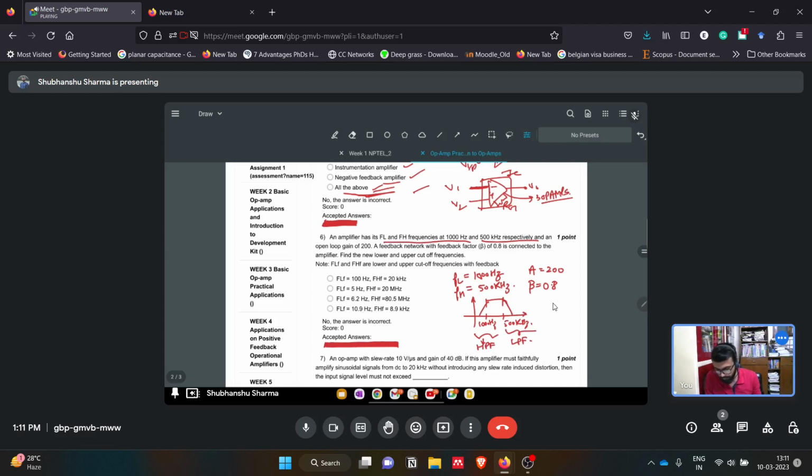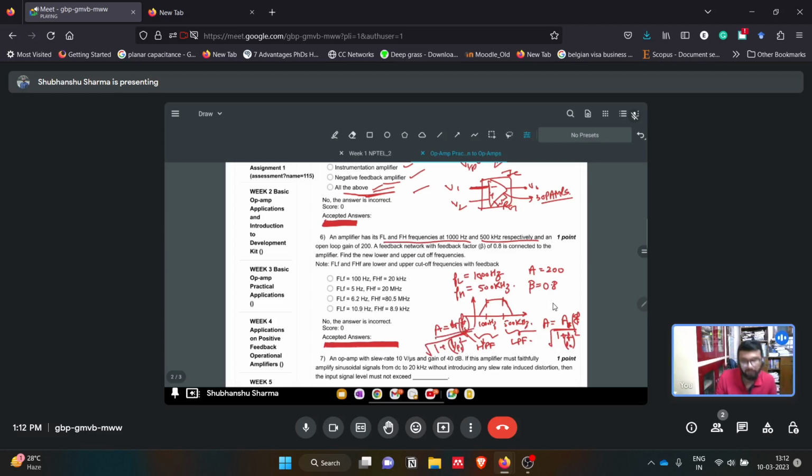Using the formula for low pass filter, A equals A_DC upon square root of 1 plus (F by FC) squared, and for the high pass filter, A equals A_F times (F by FC) divided by square root of 1 plus (F by FC) squared.